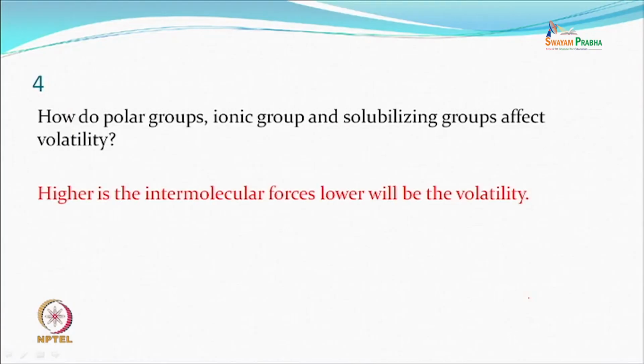So, higher the intermolecular forces, lower will be the volatility, and so approximately the answer is similar to what we had said as the suitability of any molecule to be able to sublime.